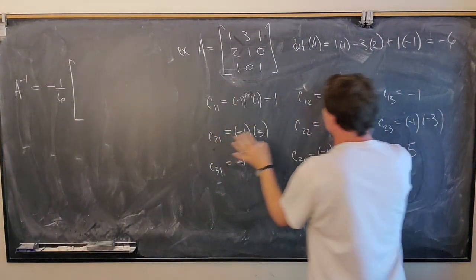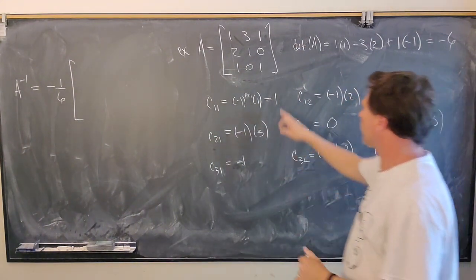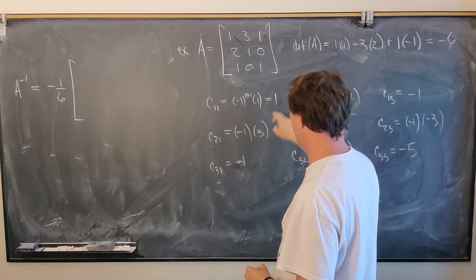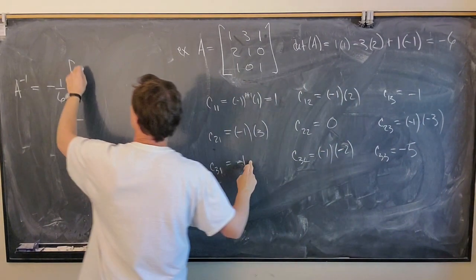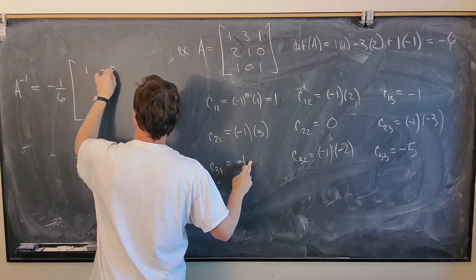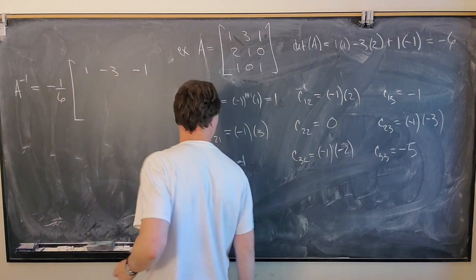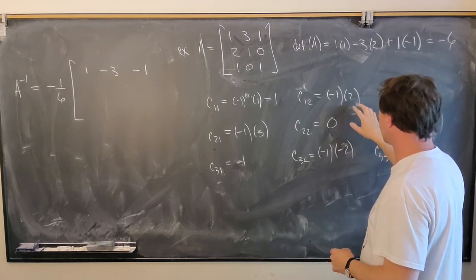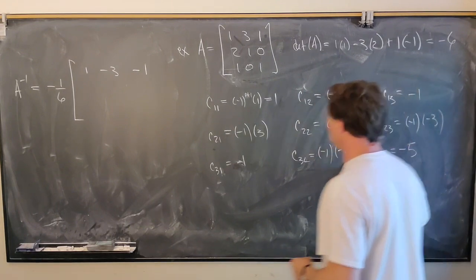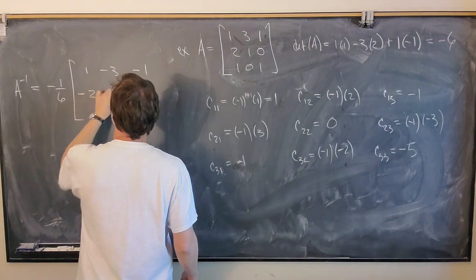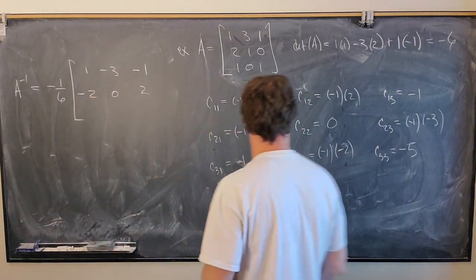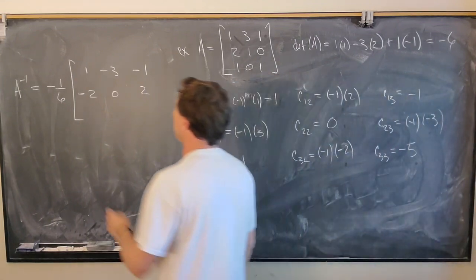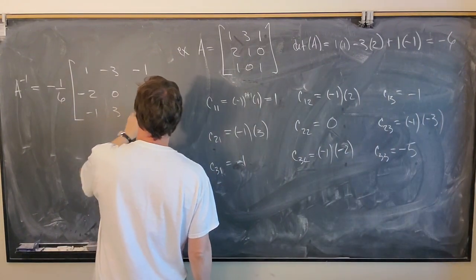You see I wrote this in matrix form, so now when I take the transpose, this is going to go 1, negative 3, negative 1. The second column here becomes the second row, so this will be negative 2, 0, 2. Then negative 1, 3, negative 5.